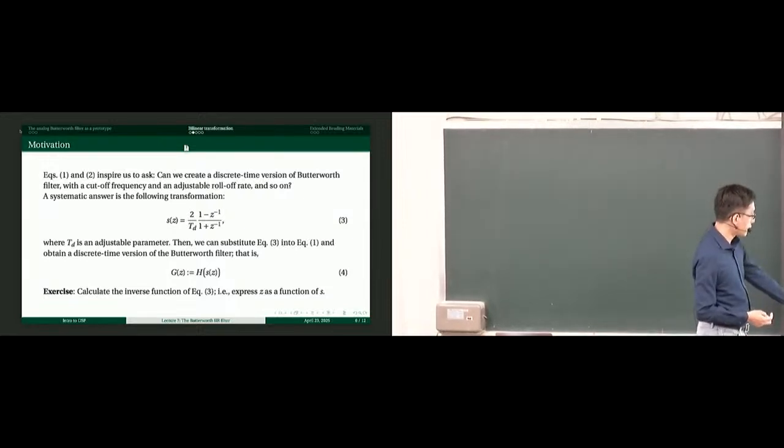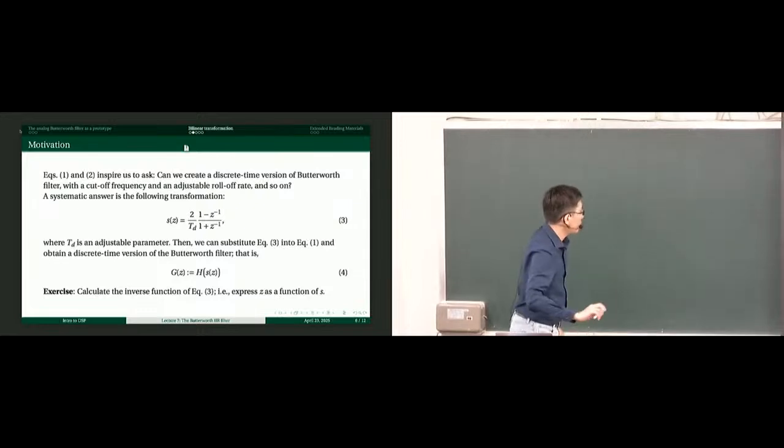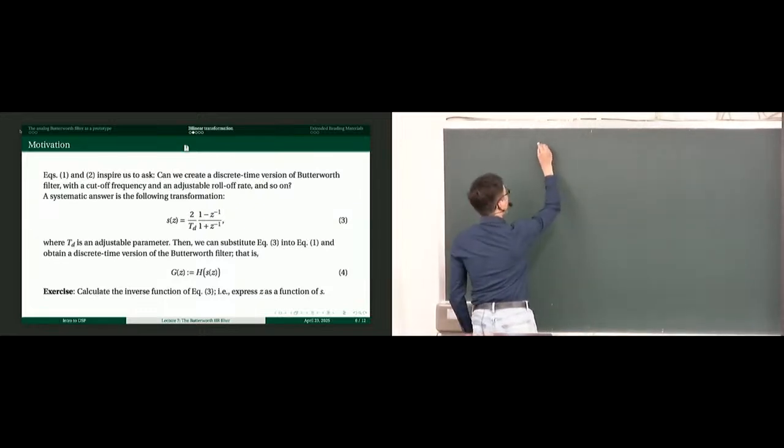But here is a nice little exercise which we might use from time to time. If s is a function of z, a bilinear transformation, bi means bidirectional, right? So z can also be expressed as a function of s. Let's work this out. Find z as a function of s.